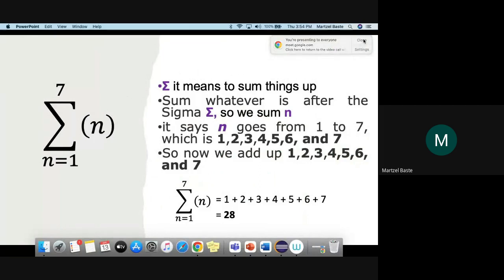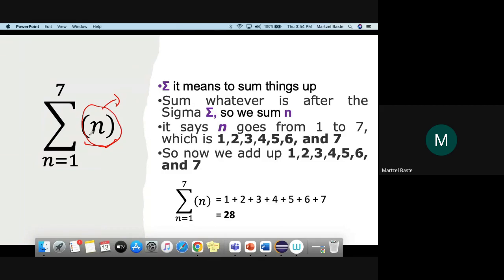So, we have, again, the sigma symbol means to sum things up. And what you are going to sum is whatever is after the sigma. So, meaning, whatever is after the sigma, ito yung i-sum natin. All values of n. So, we sum the n.